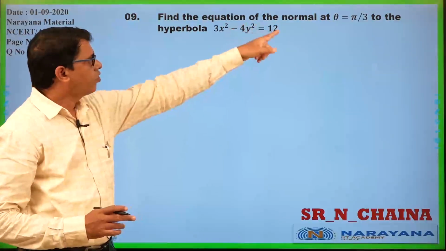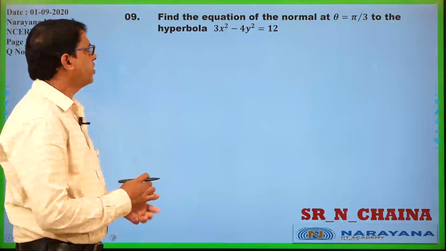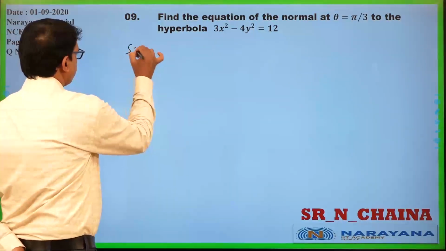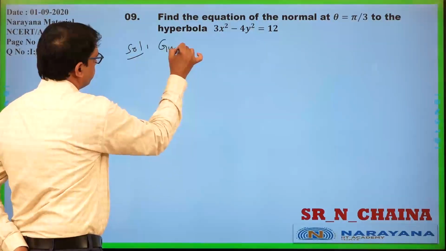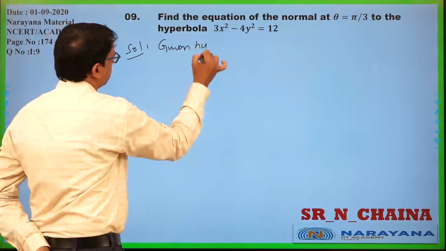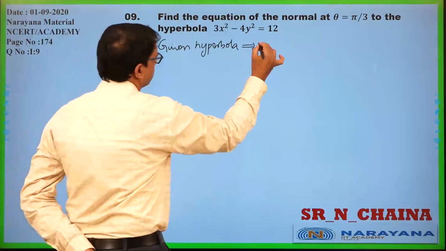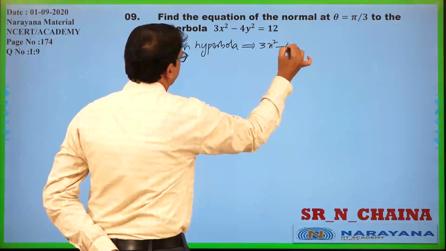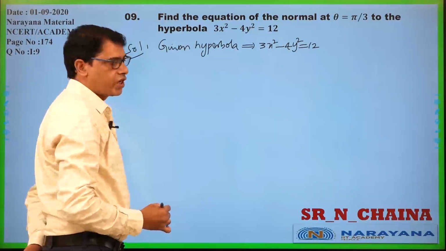Equation of normal to the hyperbola. Okay. See, given hyperbola implies 3x square minus 4y square equals to 12. So bring into standard form.